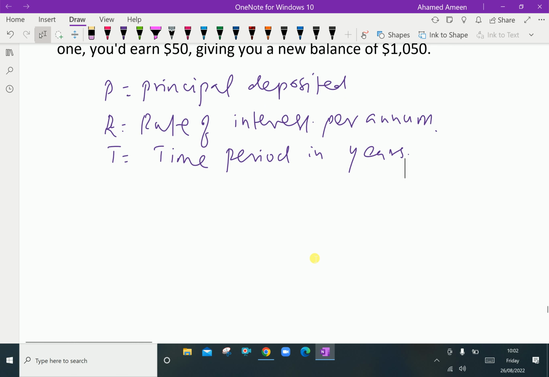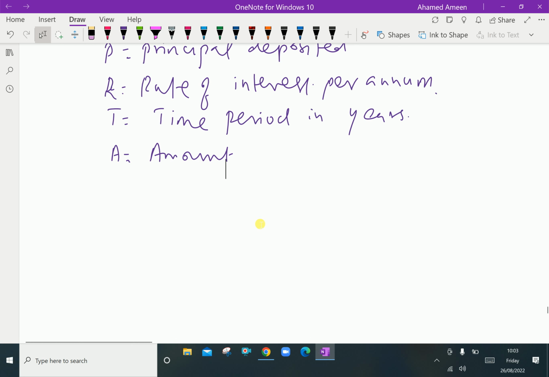Now, the compound interest formula: A equals the final amount earned, the final total. Therefore, the formula is A equals P into 1 plus R upon 100, power n, where the time period is kept as n.